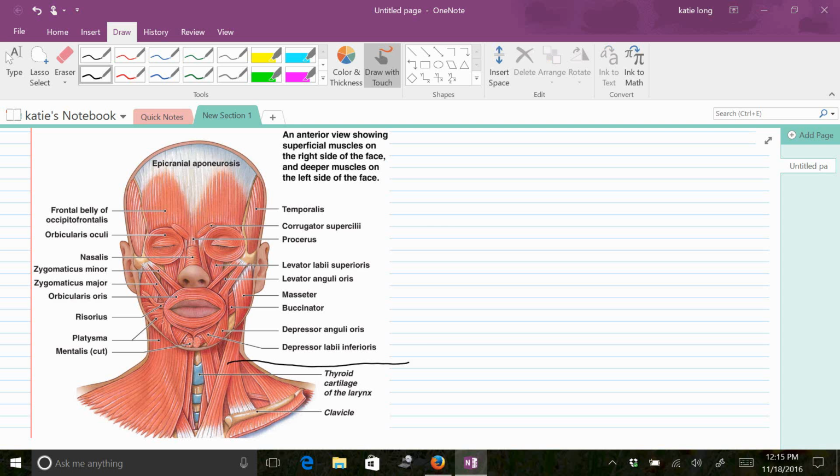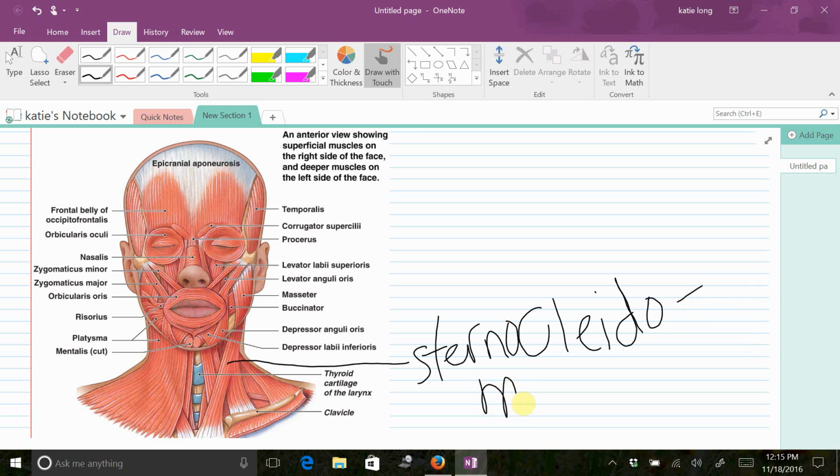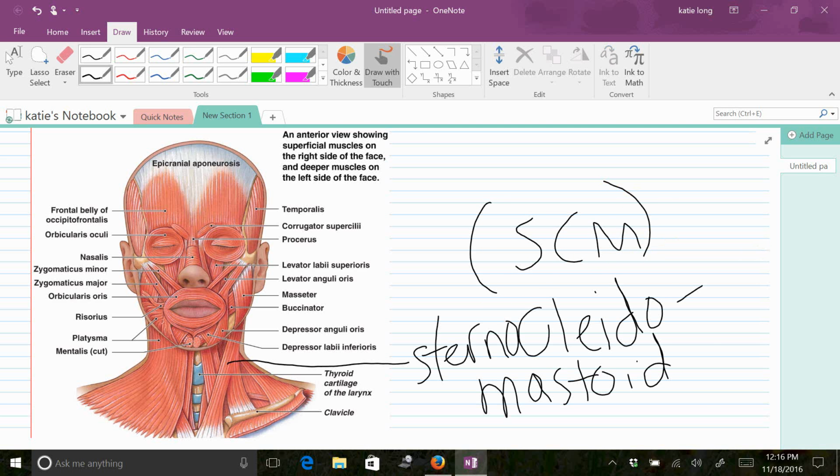So no arrow there. I apologize. Sternocleidomastoid, you may see that labeled on diagrams as SCM also. Okay, so that will conclude our review of the muscles.